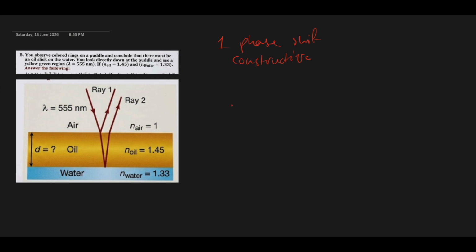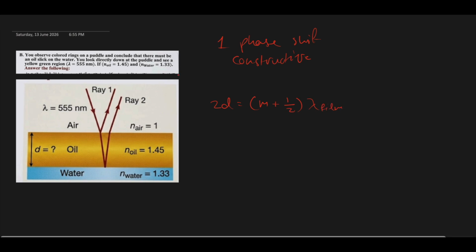Based on that, we can choose our equation, and the most suitable equation is 2d equals (m plus 1/2) times lambda film. Now let's see how we can substitute the numbers. So we know that you can see a green region with a lambda of 555 nanometers.